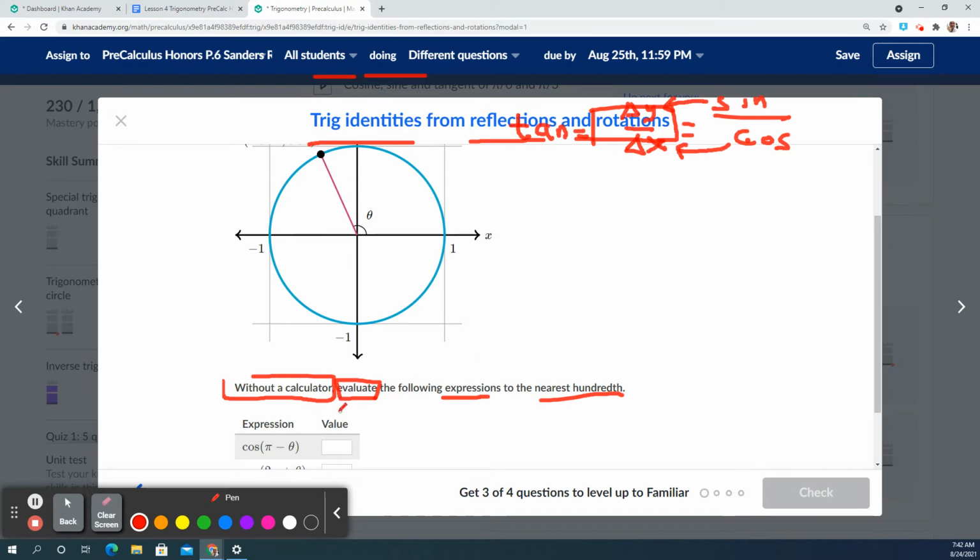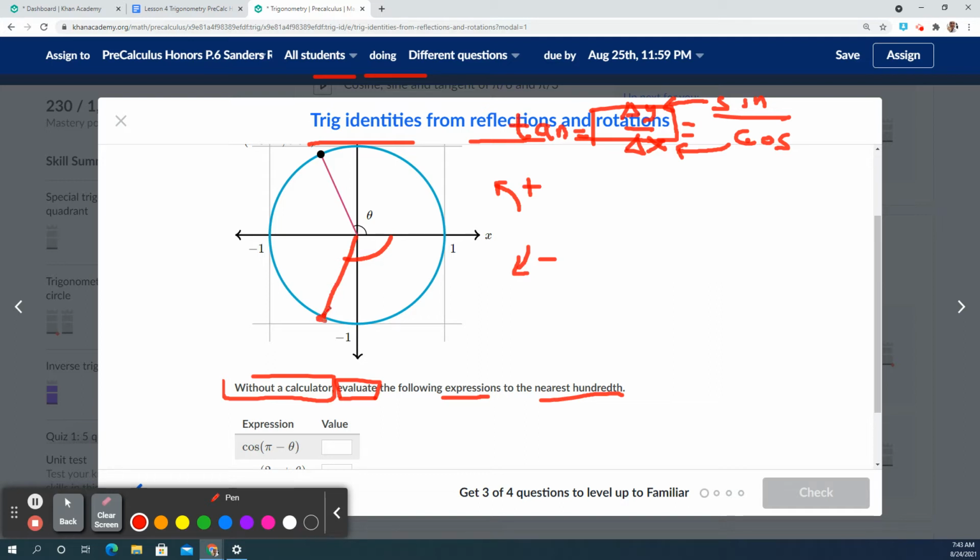So they want cosine of pi minus theta. I like to start with the minus theta idea. If this direction is positive, that's your counterclockwise direction. This direction is negative, your clockwise direction. So the negative on the theta means this theta, which lands in quadrant 2, if I start right here, I'm going to go past quadrant 4 and then land right here.